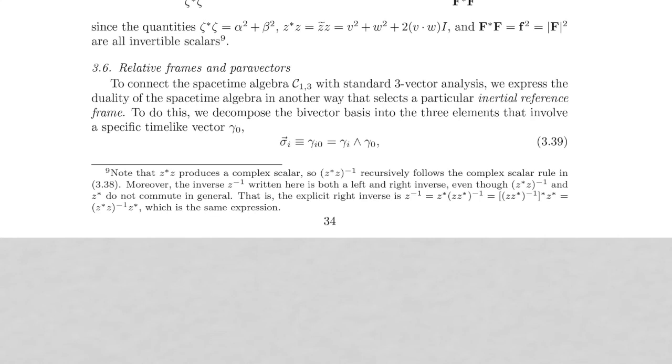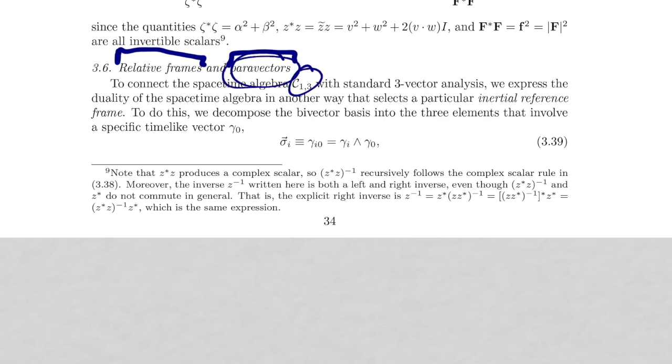And we will read from section 3.6, relative frames and paravectors. When we look at this, we better understand two concepts here, relative frames and paravectors. Those are obviously two different things. We're expecting paravectors to be elements of the algebra C13.